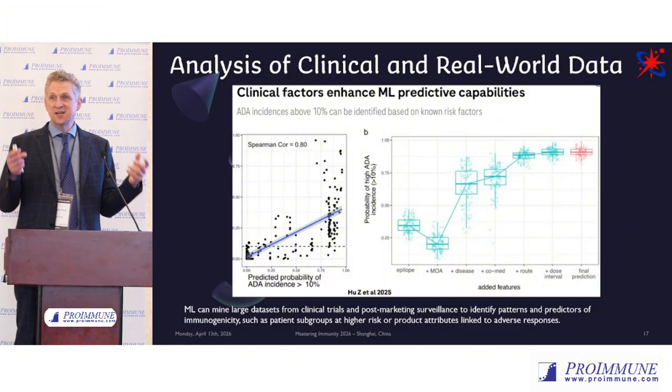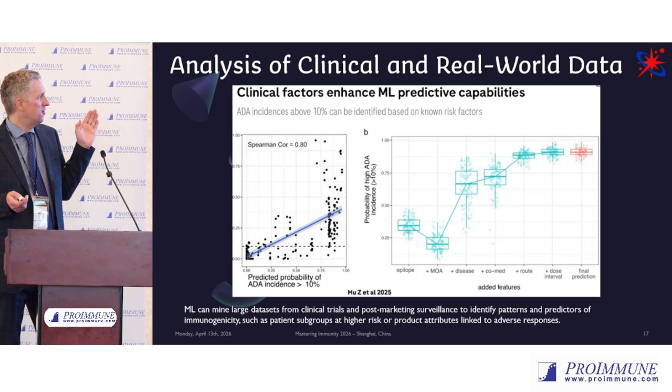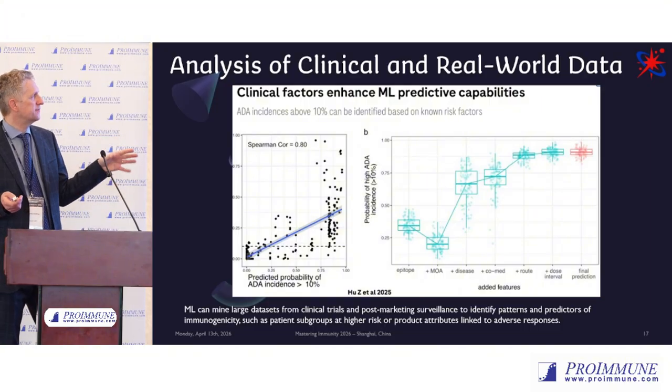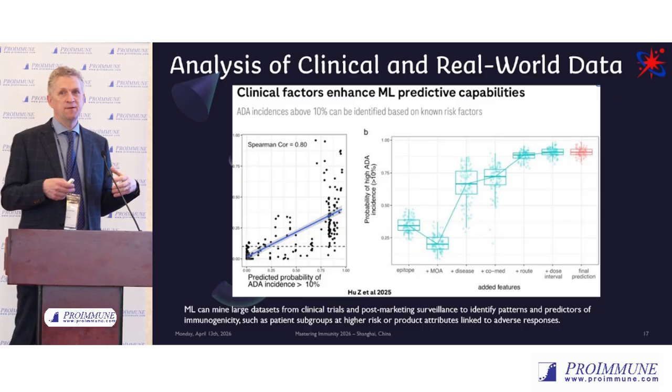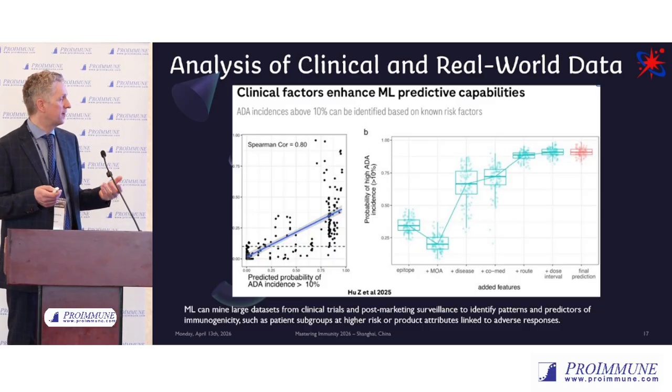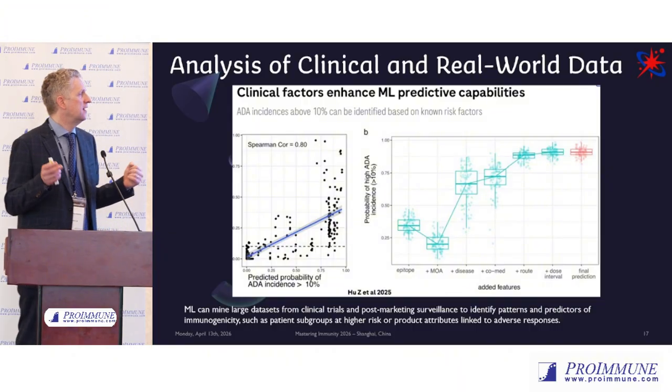So nicely agreeing with the FDA guidance from 2014, they were not able to demonstrate very clearly with just the epitopes or the mechanisms of action, but once they started adding in the other factors, they became quite good at predicting whether something was going to be, I would say, low or higher immunogenicity.